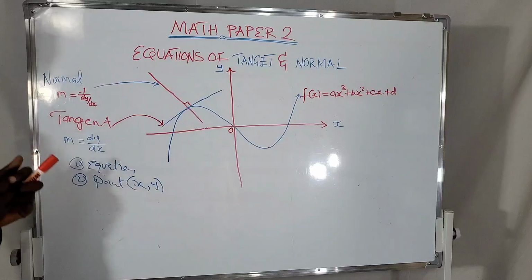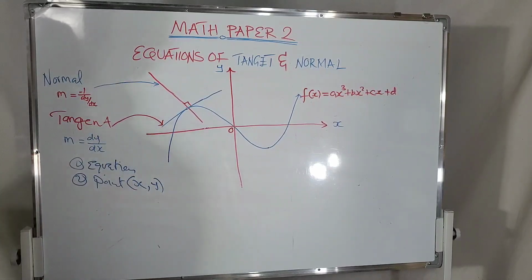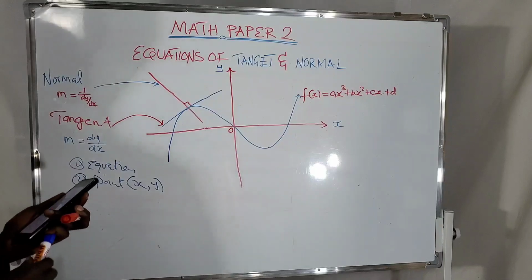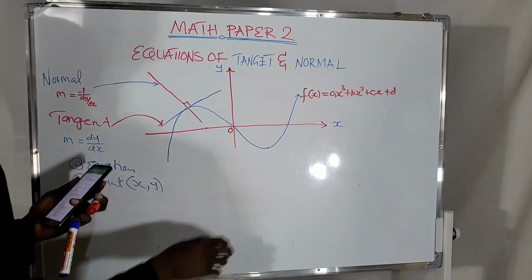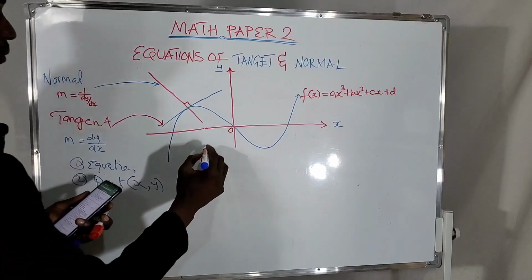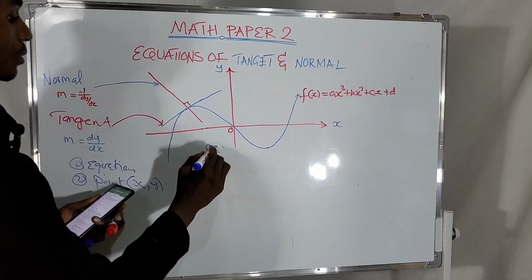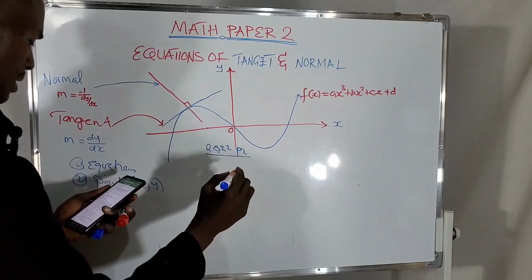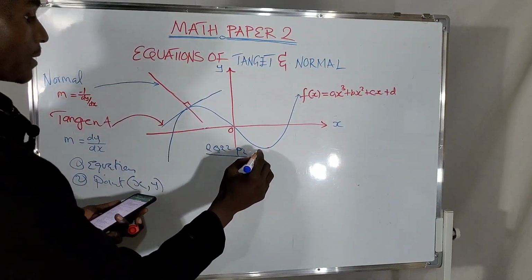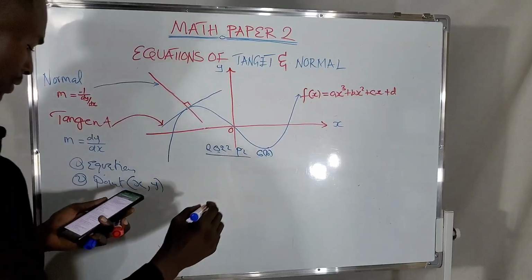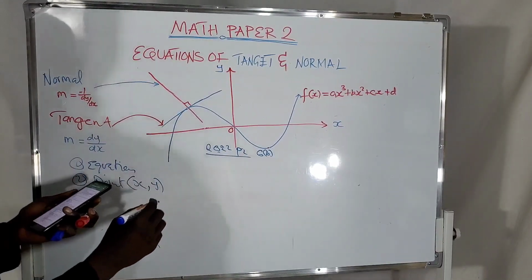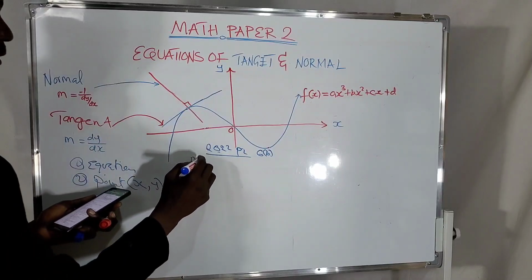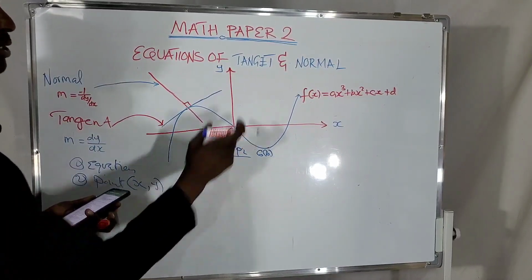To explain this further, let's look at 2022 paper 2 question 6b. They are saying find the equation of the normal. The key is that it is normal here, not tangent.